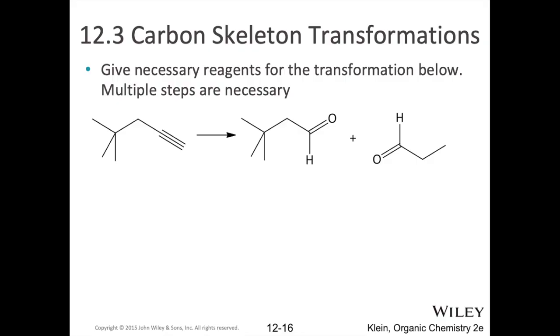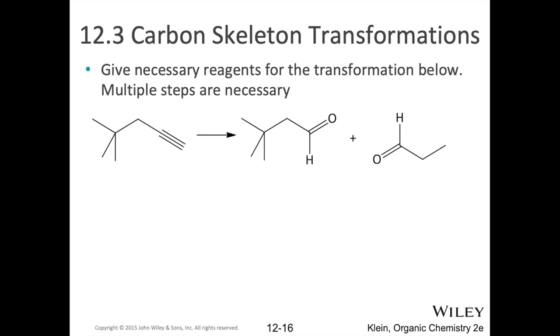Okay, so with that in mind, let's see if we can apply that. Here we have an alkyne of one sort, and now we've got two aldehydes that we've made. See if you can connect these two, but note that this entire synthesis is going to take more than one step.